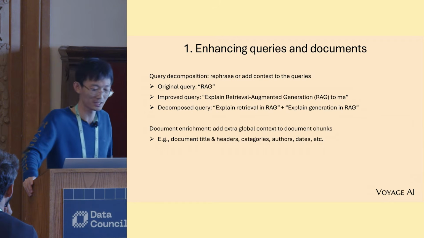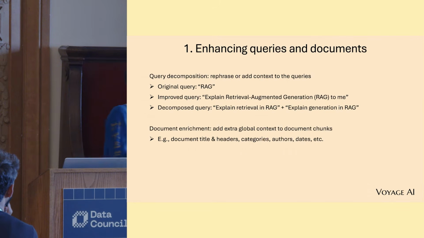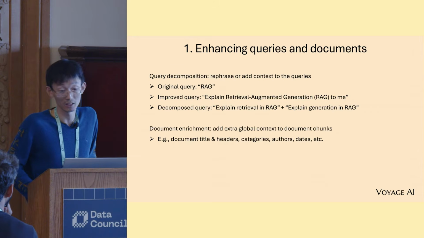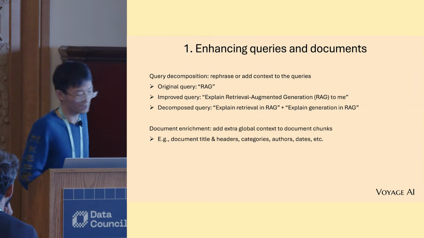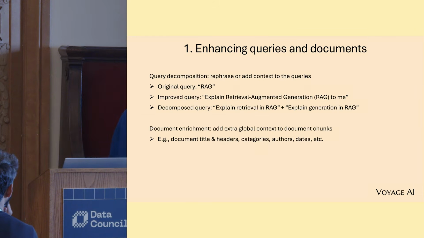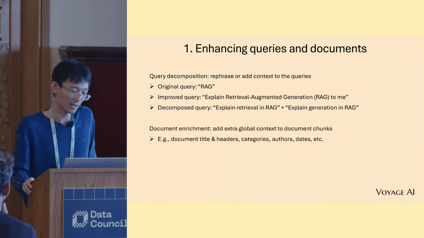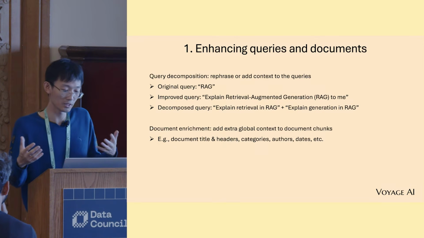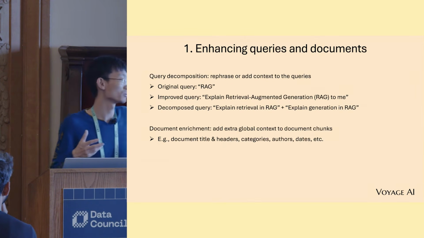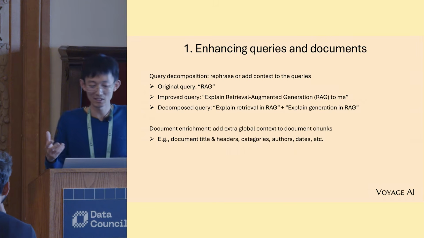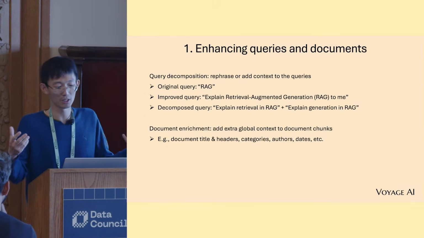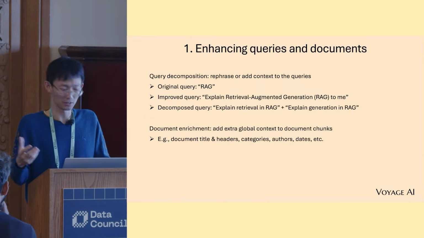I'm just giving you some examples, and in many cases you do it based on the features of your data. For example, if the original query is RAG, you can make the query longer, say, explain retrieval-augmented generation to me, and then there's a higher chance to map to words like retrieval. You can also decompose the query into two queries so that you can match two types of documents that are similar to the query in different senses.